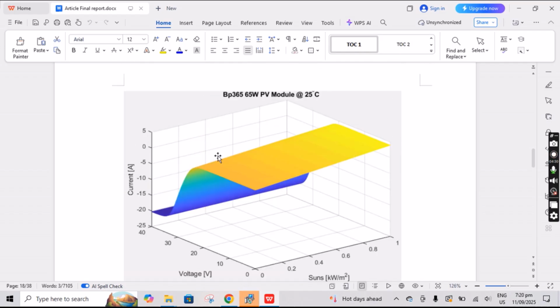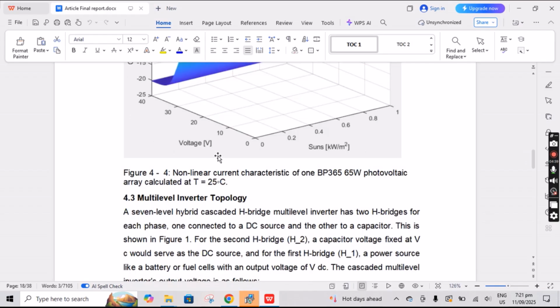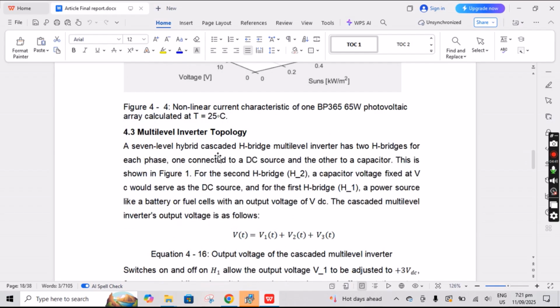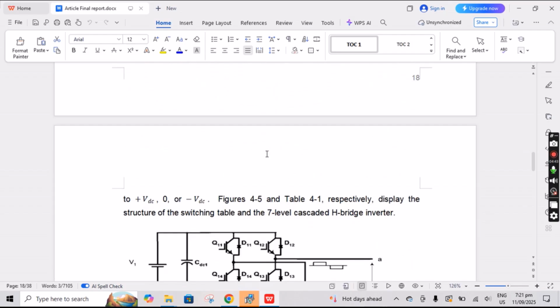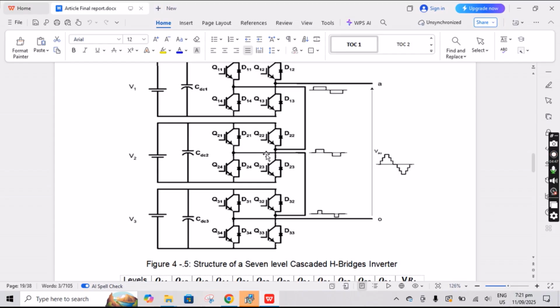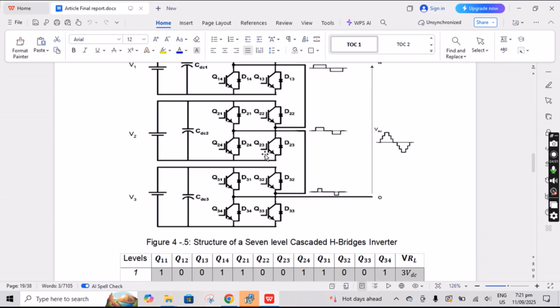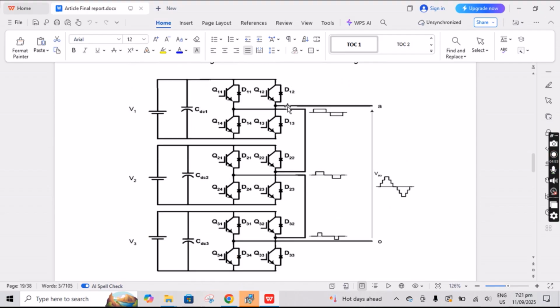This is the nonlinear model for the PV system, which contains a 65-watt photovoltaic array. Then the multi-level inverter topology: this is a 7-level inverter using a cascaded H-bridge. 1, 2, 3, 4, 5, 6 and 7.